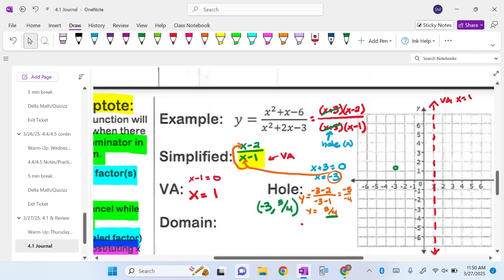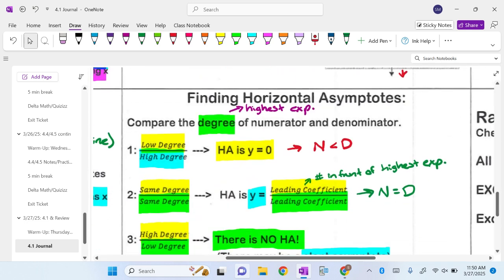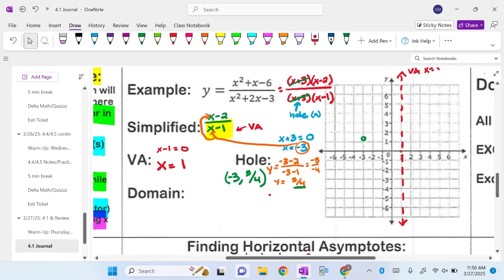So if I look at my original function up top, it doesn't ask us to find it, but we're still going to find it. What do you think my horizontal asymptote is? First off, let's look at the degrees of the function.